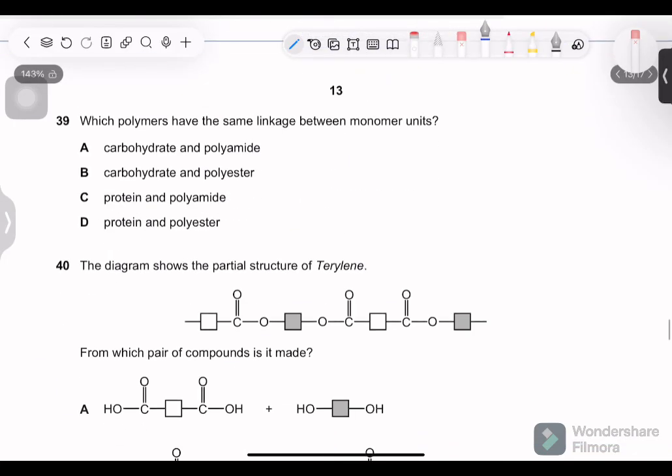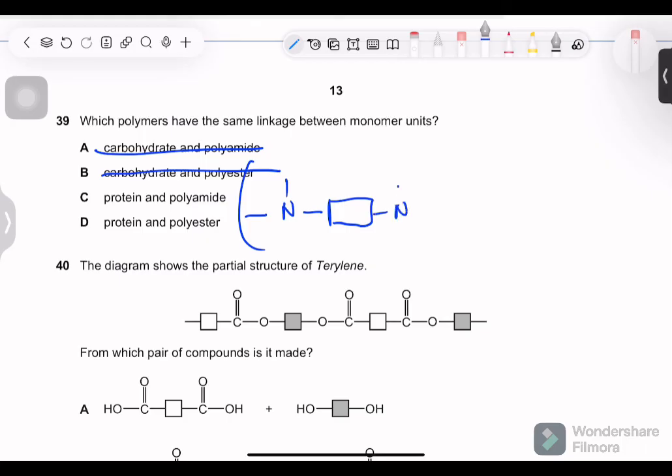38B. Which polymers have the same linkage between monomer units? Carbohydrates are no longer in your syllabus. Protein and polyamide. So proteins are the substances which contain NH2 on one side, and proteins are basically made up of amino acids.